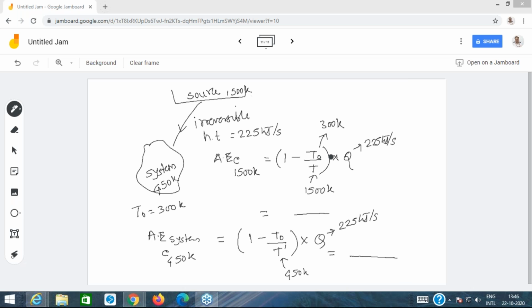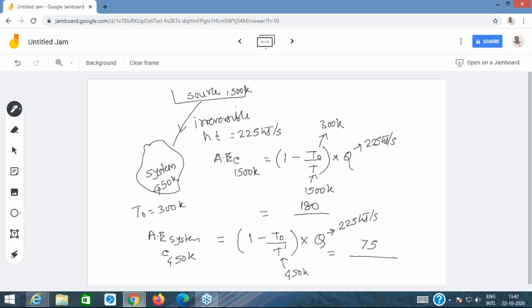So is it 180? Is this calculation of 180 and 75? Okay. So let us say that this is 180 and this is 75. Then what is the decrease in available energy?